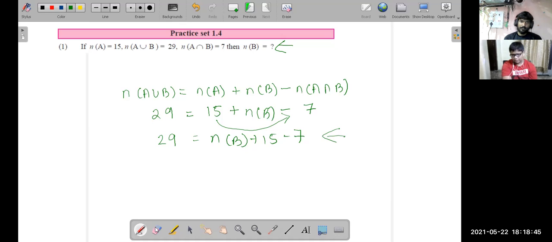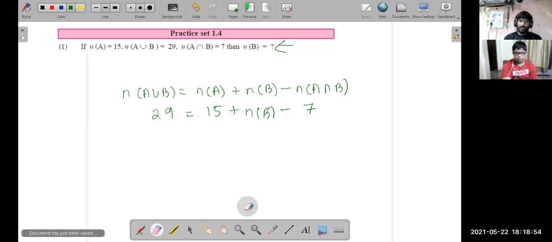No, I don't think so. Up to here, is it clear? Yes, sir. Okay. So you have here 29 equal to 15 plus n of B, which you have to find out, minus 7. Okay, clear?